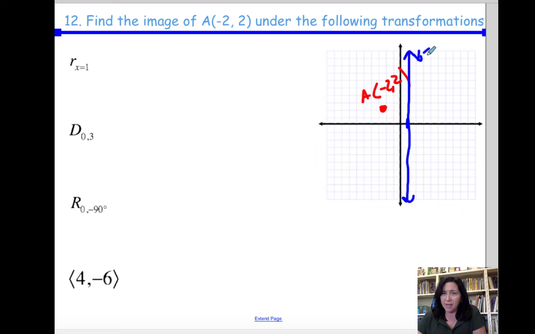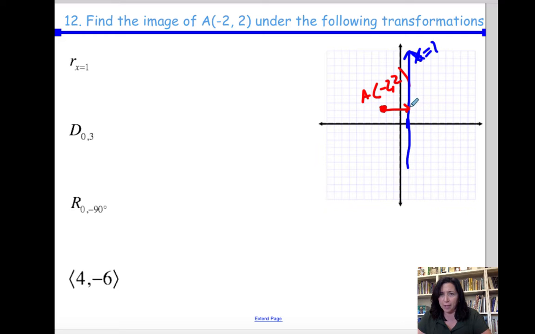If it's x equals, it's going to cross the x-axis. If it's y equals, it's going to look horizontal like that. It'll cross the y-axis, okay? So we want to reflect this across that line. And so in doing that, to get this over here across this line, if I went over 2 and this is 1, so I'm going to count over 3.